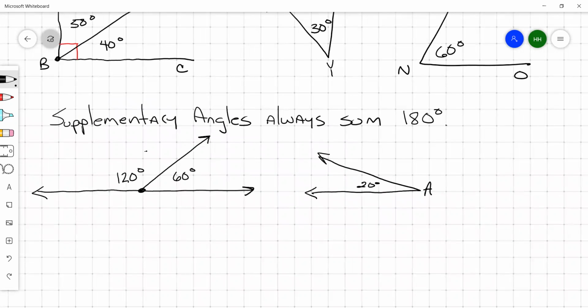And you could have another angle that's not attached to it, not touching it, angle B, and if it measures 160 degrees, then angles A and B are supplementary. All right, they sum 180. Any questions there?